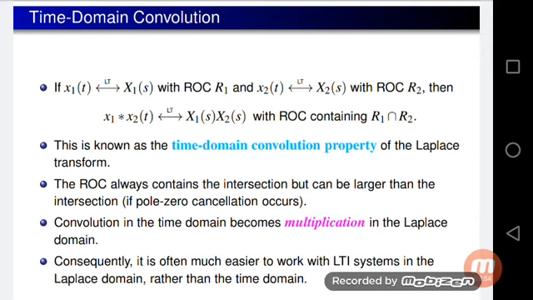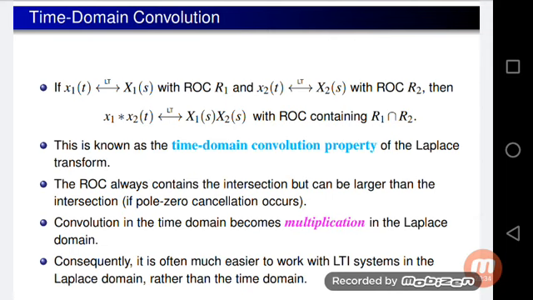As I already explained, when we are multiplying two individual Laplace equations, it is known as multiplication or the time domain convolution property.